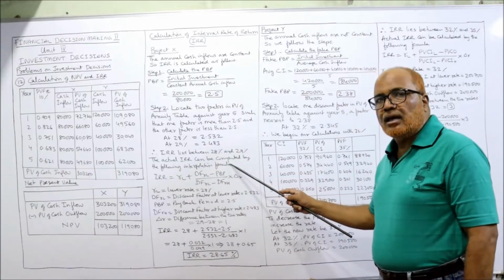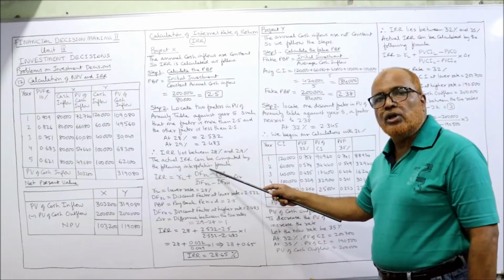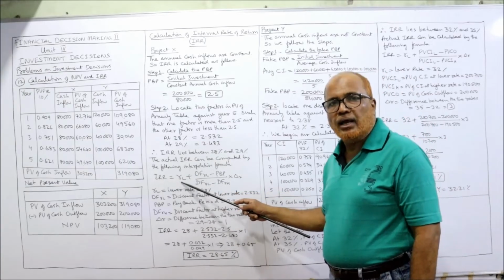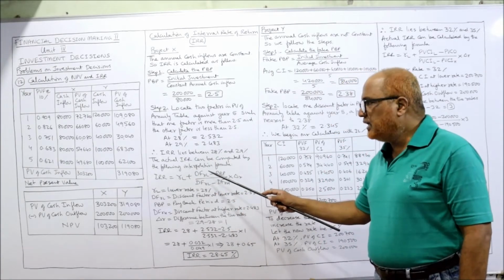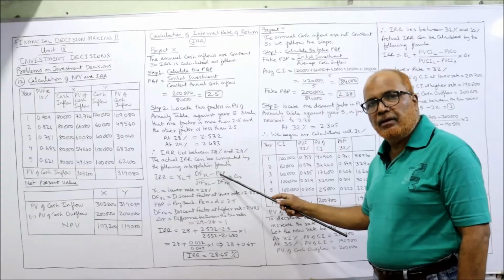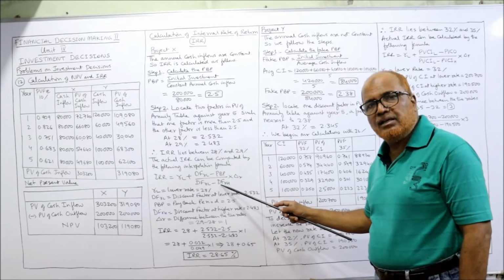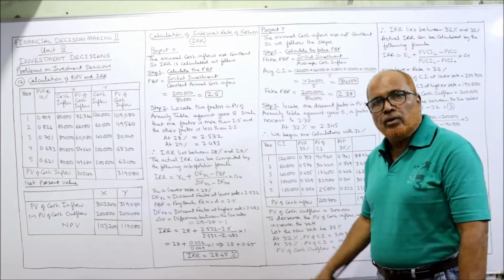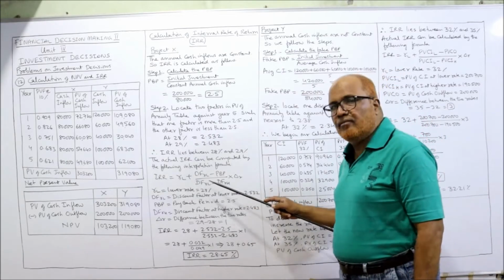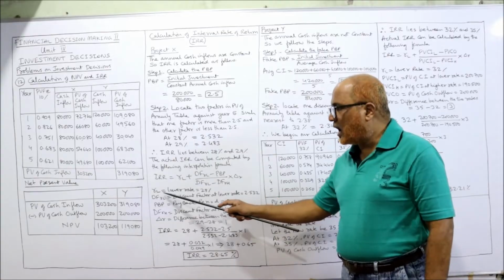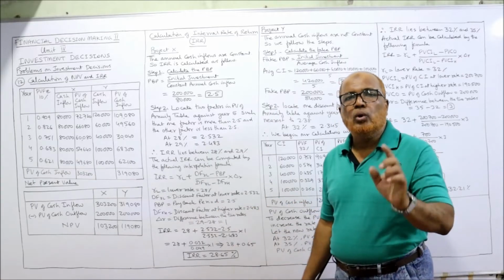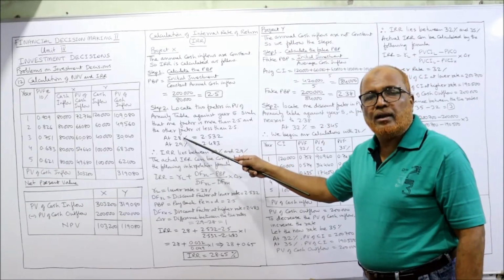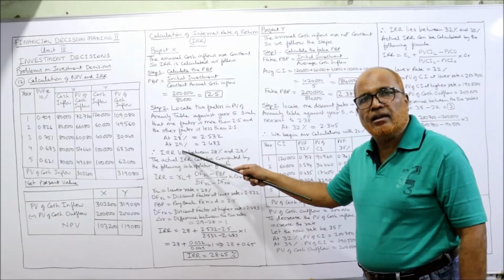The actual IRR can be ascertained by using the following interpolation formula. Approximately, IRR is equal to RL plus (DFRL minus PBP) divided by (DFRL minus DFRH), into delta R. Carefully, I'll explain the meaning of these symbols. RL stands for lower rate. We have two rates: 28% is the lower rate, 29% is the higher rate.